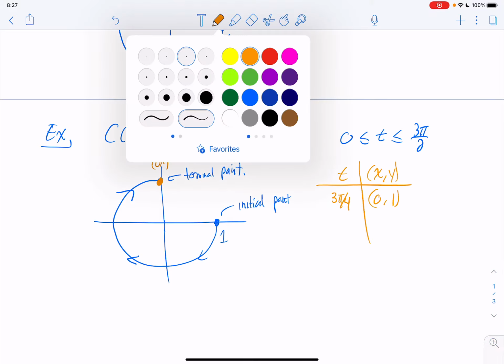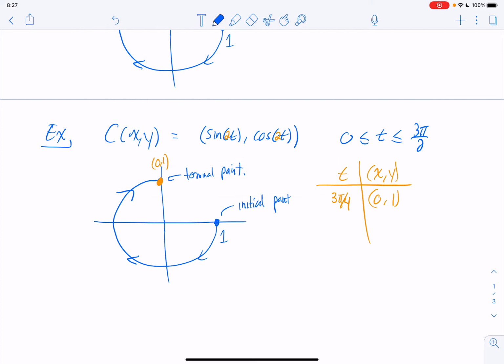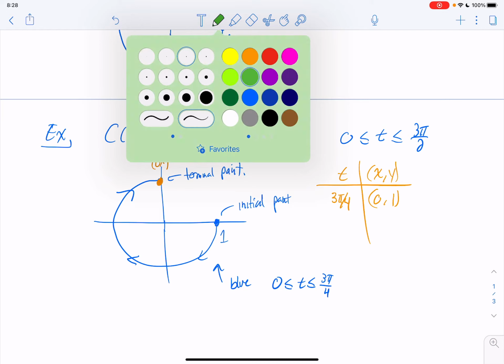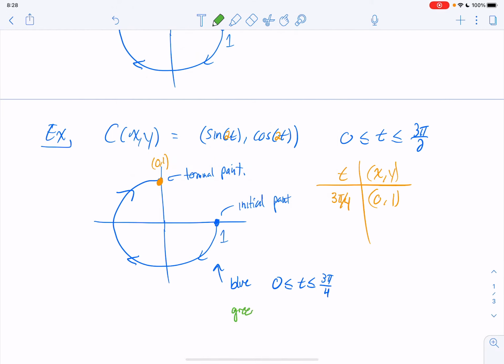And then so what that means is that the blue curve that we have here is exactly what's happening for t between 0 and 3 pi over 4. And then if we wanted to continue the curve, the green curve would be going from 3 pi over 4 to 3 pi over 2. But again, we're not graphing those angles. It's just that this is the parameter that we build over here on the left column, and then we trace out what those points are on the right.